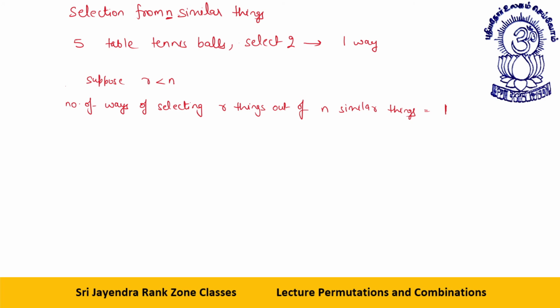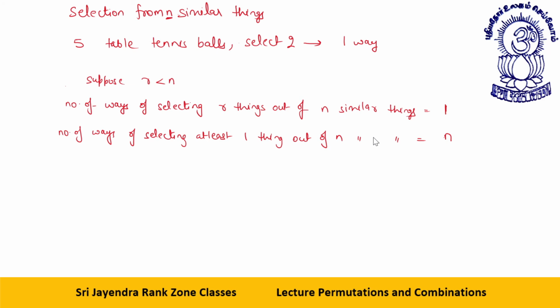Next I write number of ways of selecting any number of things. Let me write first number of ways of selecting at least one thing out of n similar things is actually n. See, how come? Suppose you have five things. Out of those five things, I ask you to select one thing.